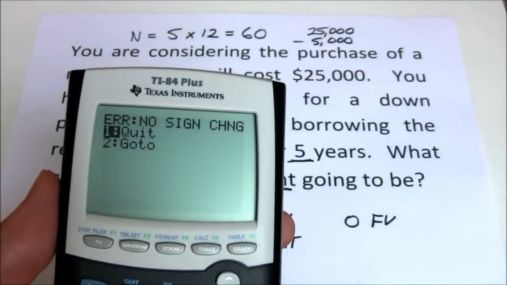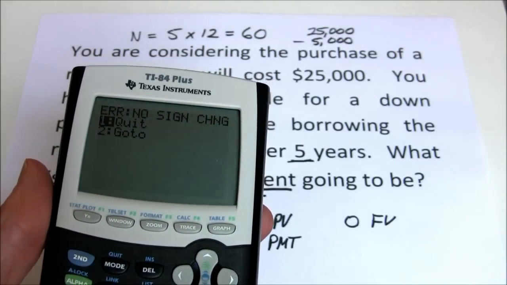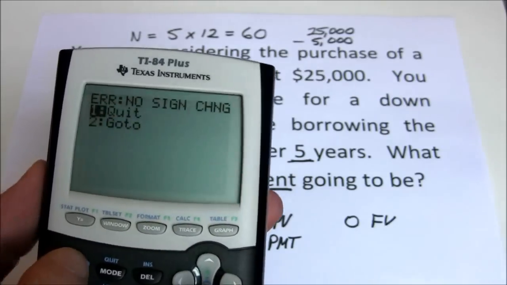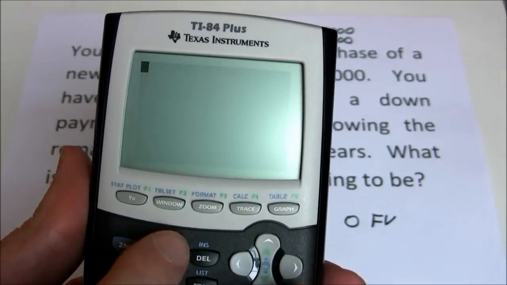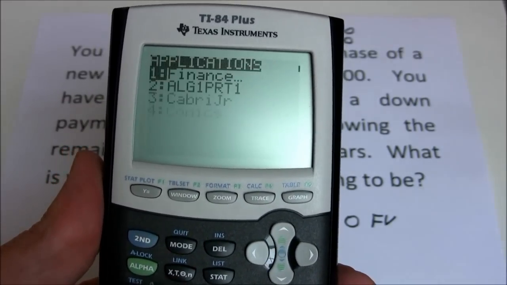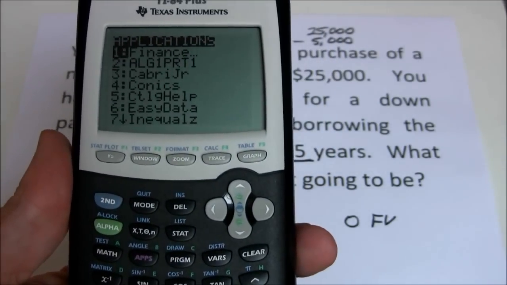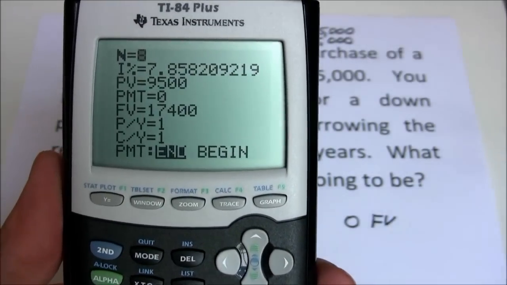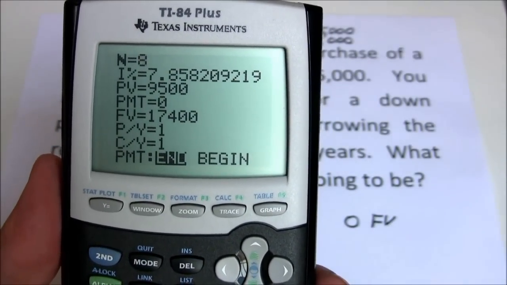I remember last time we were at an error message, so in order to clear that out, I'm going to go second, quit. I'll bring up the blank screen again. Now I can do apps, finance, time value money solver, and I've got my 5-key approach set up again on the solver.